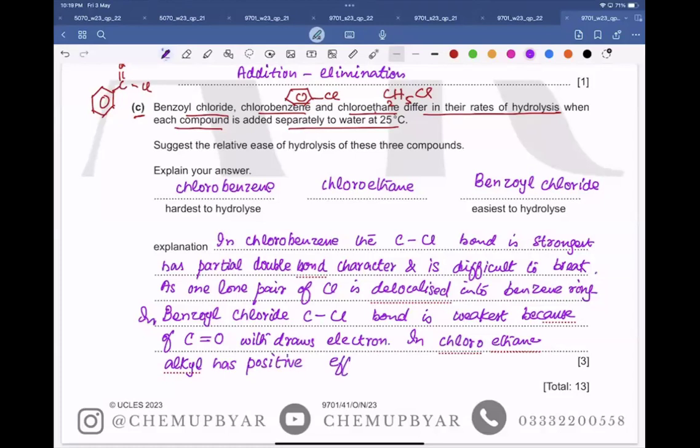So due to the positive inductive effect, the carbon-chlorine bond is relatively stronger than in benzoyl chloride, where the electrons are getting withdrawn. But in chloroethane the carbon-chlorine bond is weaker than in chlorobenzene, because in chlorobenzene one lone pair of chlorine is also delocalized. So till here, is this clear to all of you?